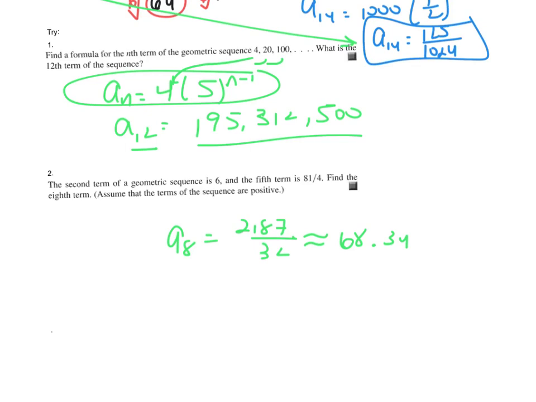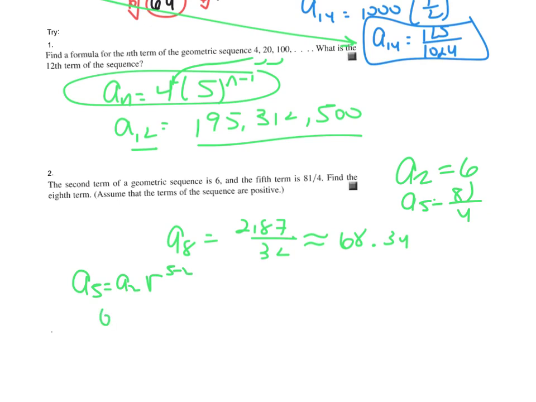If you need a little bit of work for that, just a reminder that the 2nd term was 6, and your 5th term was 81 over 4. So you have to solve for your ratio first. And then you can actually keep just going to the right if you want to, because 5 is not that far away from 8. Or if you plug it all in, once you figure out your ratio, you can do A5 equals A2 times r to the 5 minus 2.